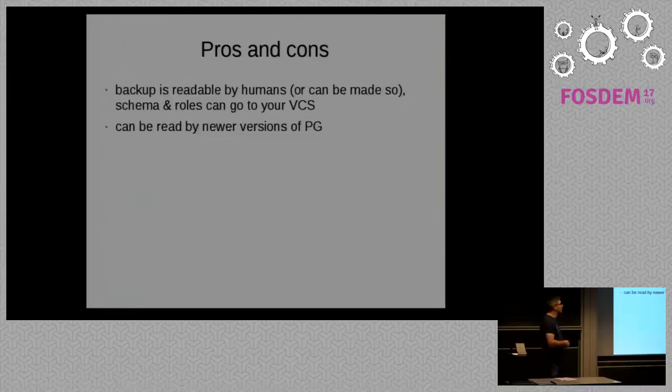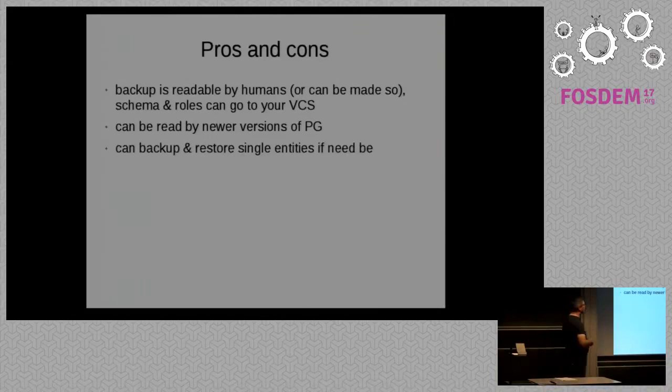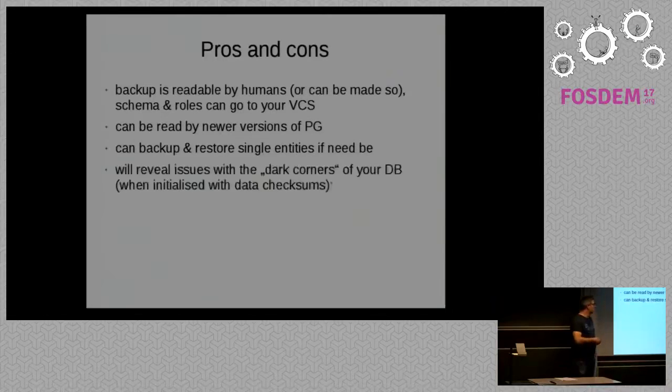A pg_dump file can be read by newer versions of Postgres. So if you have a pg_dump backup of your Postgres 8.4, you can easily read that into a 9.6 or 10 and go on. You can back up and restore single entities like tables, schemas, databases, and restore them separately.